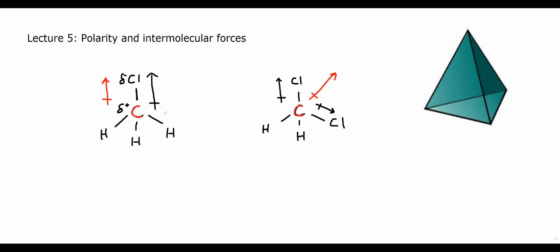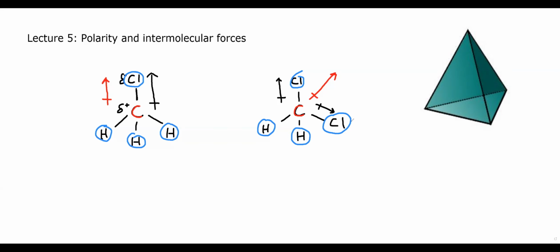Remember, anytime you have 4 substituents around an atom, those will spread out as far as possible, which gives us the shape of a tetrahedron, right? So these 4 substituents, I'll circle in blue: 1, 2, 3, 4. It could be on this or on the right over here, either molecule. Anytime you have 4 substituents around an atom, they will spread out in the shape of a tetrahedron, okay? It's very important to remember that.